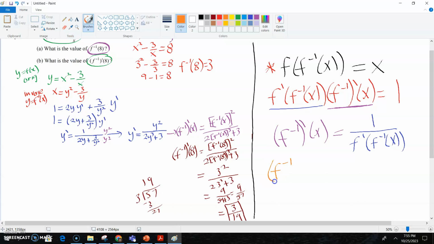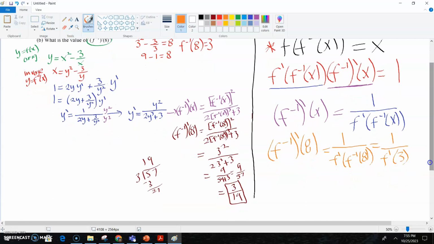So I have f inverse prime of 8 is equal to 1 over f prime of f inverse of 8. Now, we learned earlier in part A that f inverse of 8 was 3, right? So this is 1 over f prime of 3.